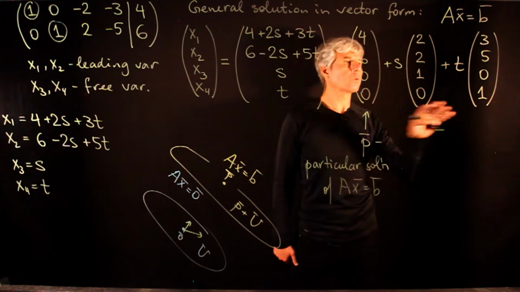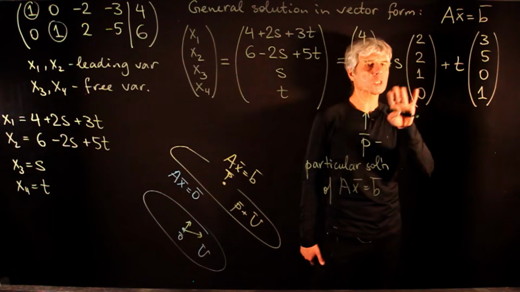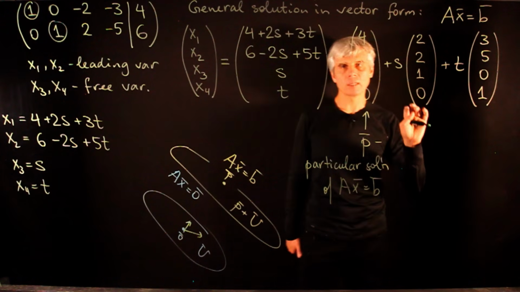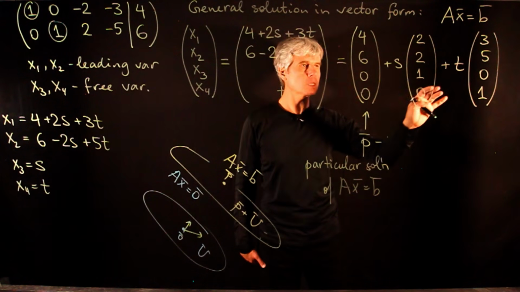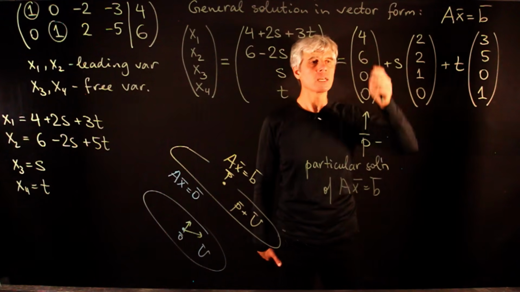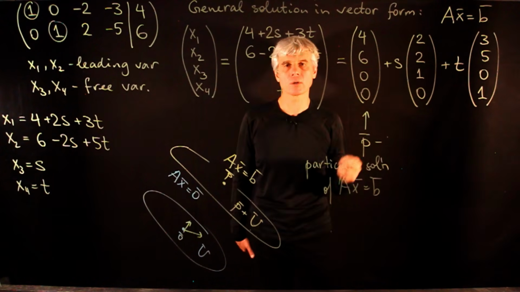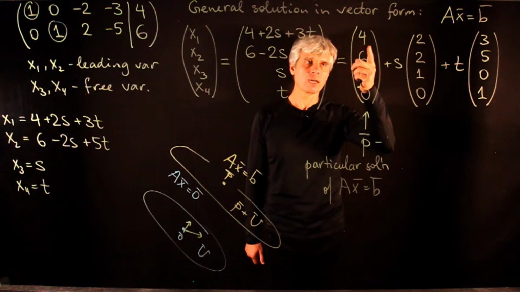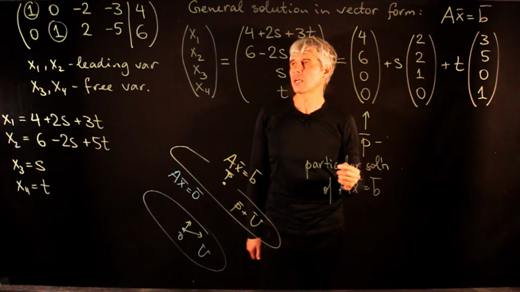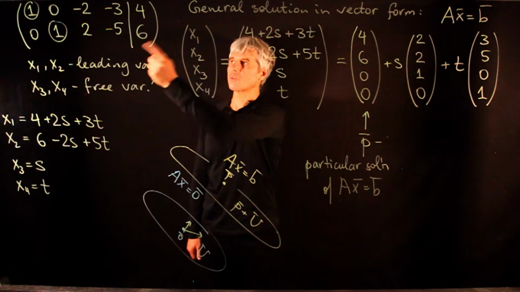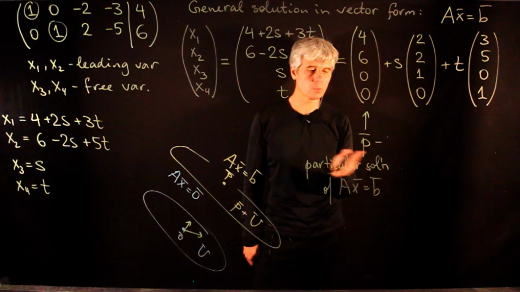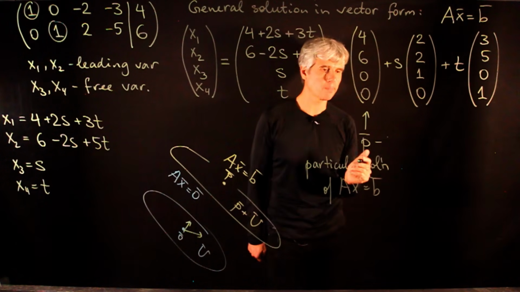So here we get solutions for all possible values of s and t. And if we set both s and t to be 0, then this will vanish, and we just get 4, 6, 0, 0. And this tells us that 4, 6, 0, 0 is a solution of this system of linear equations. So we can call it a particular solution.